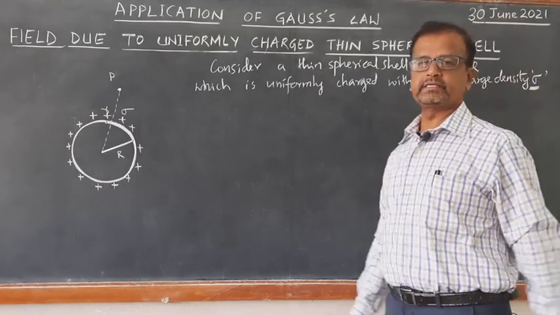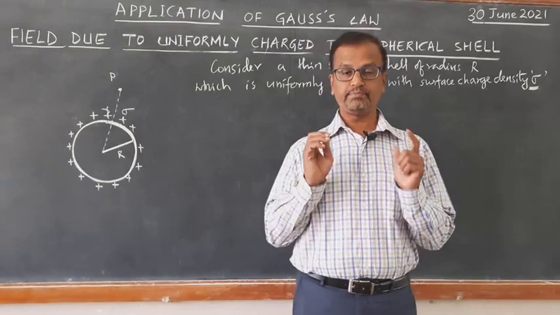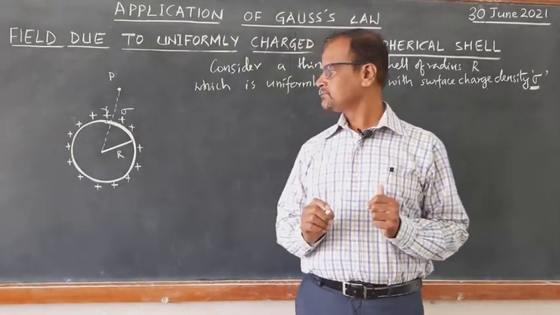As we defined earlier, surface charge density means charge per unit area, right?